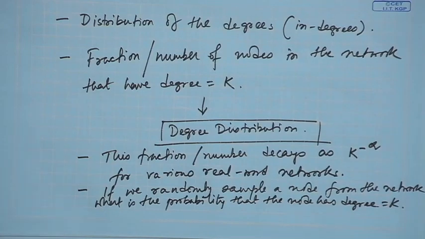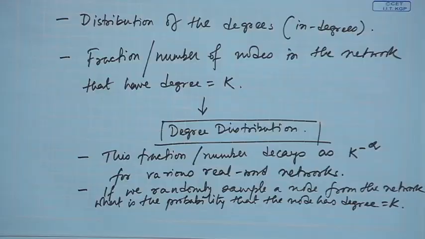This is another way to interpret the definition of degree distribution. So, you toss a coin and you randomly pick a node from the network, and the probability that this node has a degree k is expressed by the degree distribution.